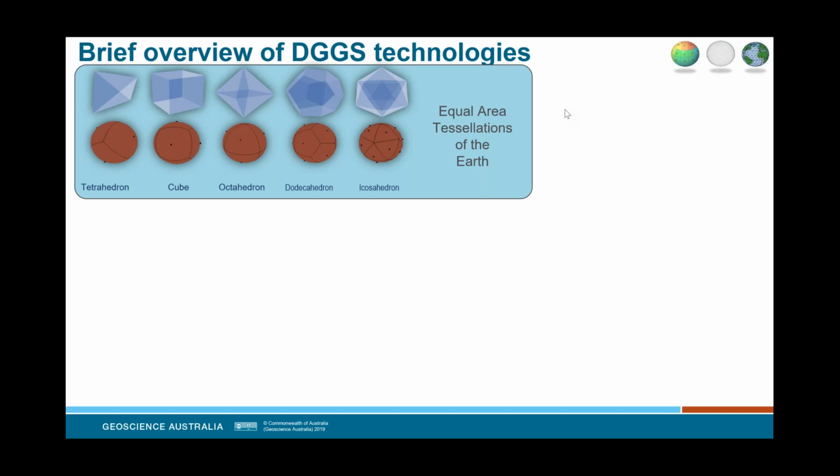But how do you get an equal area tessellation of the globe? And more importantly, not just a sphere, but an ellipsoid. That's where the Platonic solids come in.